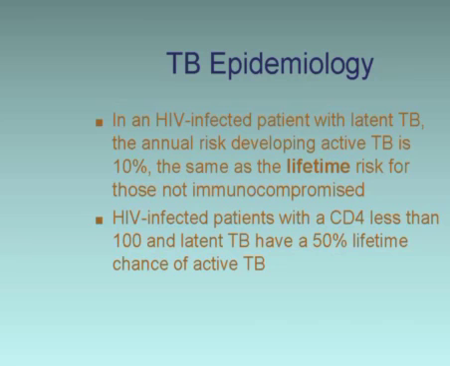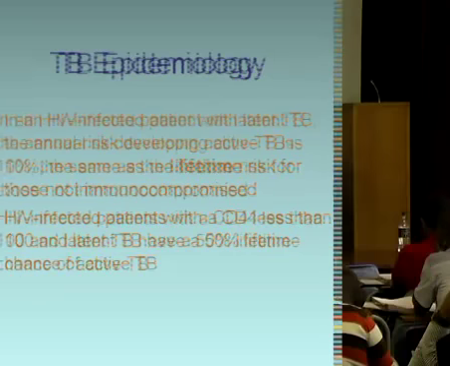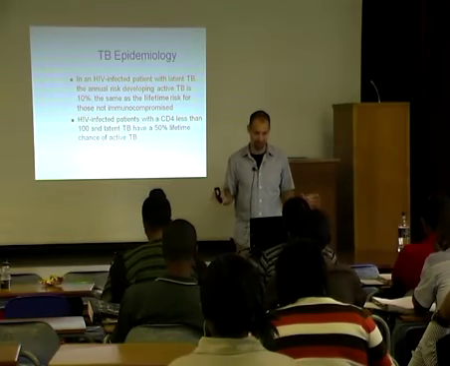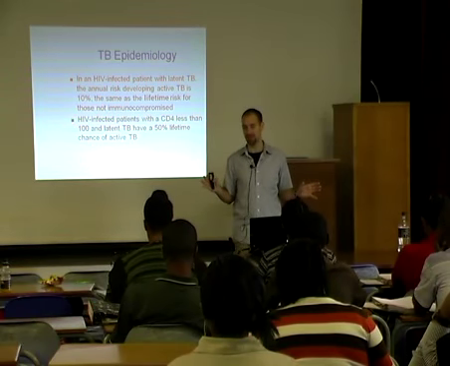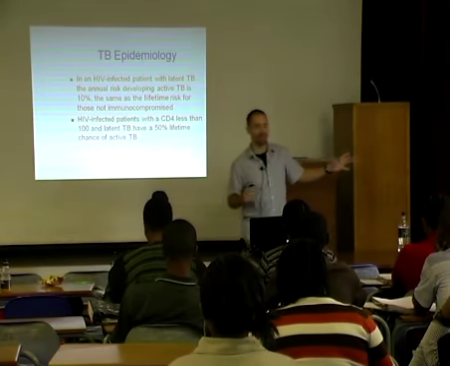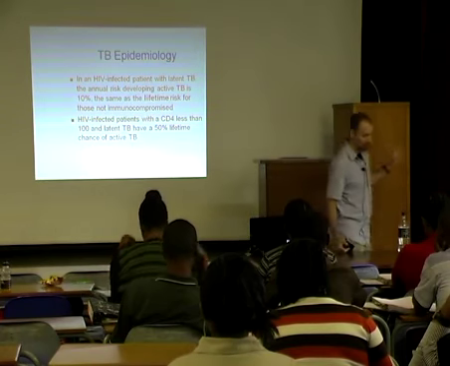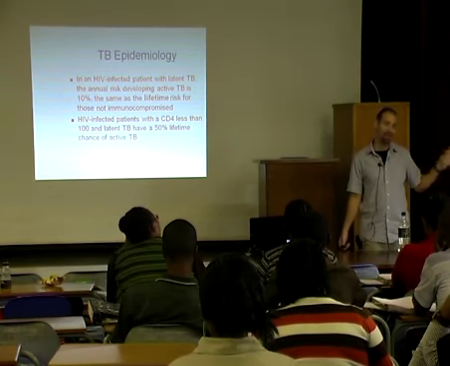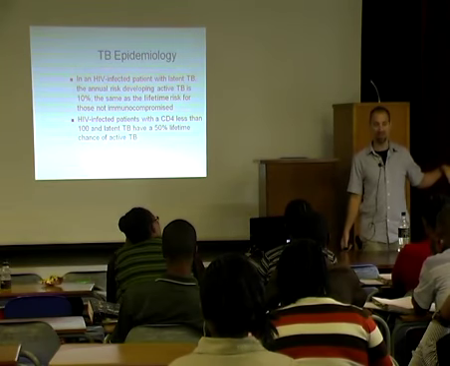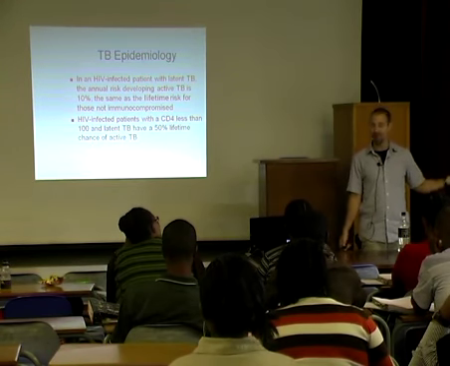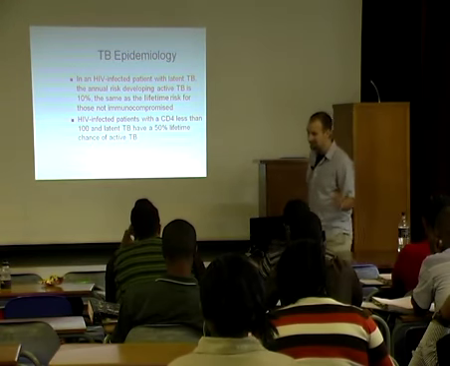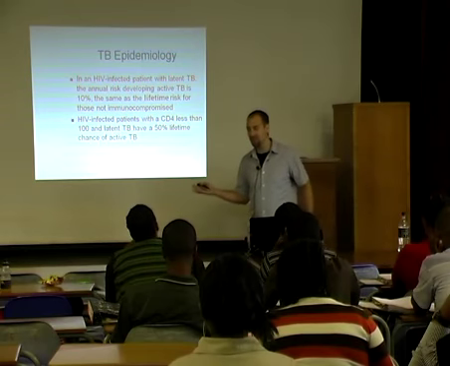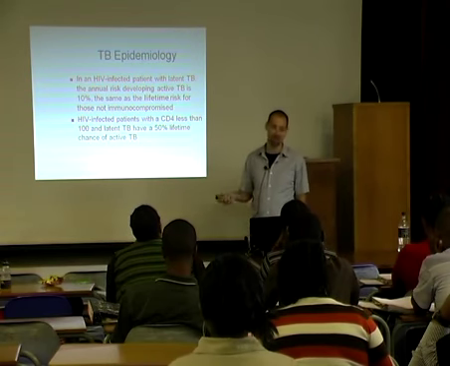So if you have two people, one is HIV positive, one is HIV negative, and they both get latent TB infection, the one who's HIV negative has a very small risk of actually developing symptoms of that TB. 10% in their entire lifetime. And 5% of that risk is in the first year. So if they don't get sick within that first year of getting infected, there's a very, very small chance of them ever getting sick in their whole lifetime.